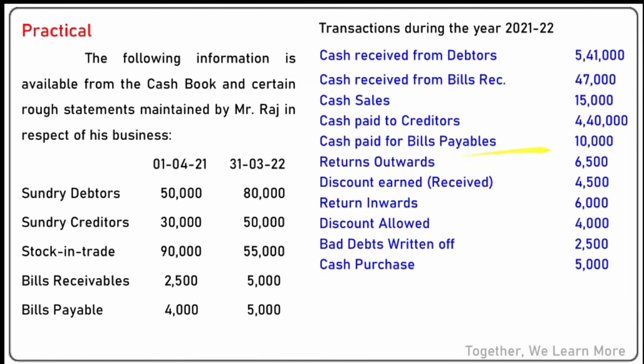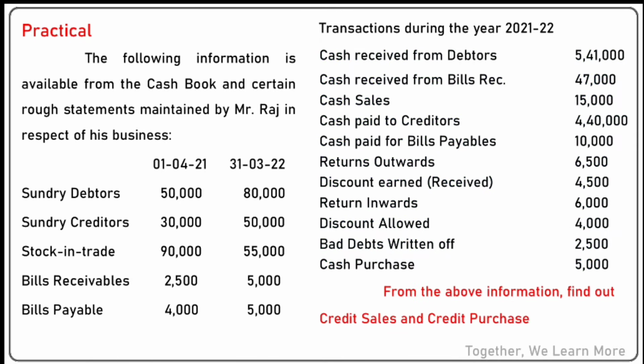Return outwards, discount received, return inward, discount allowed, bad debts, cash purchase. On the basis of all this information, we are asked to find out credit sales and credit purchase.